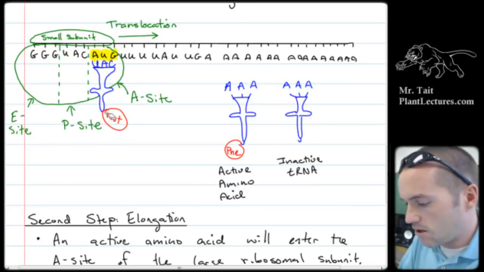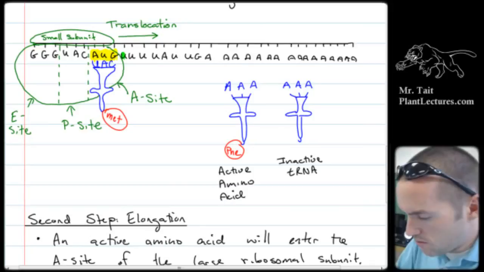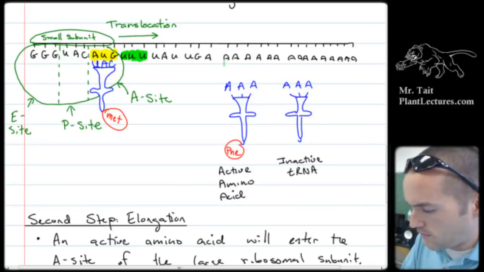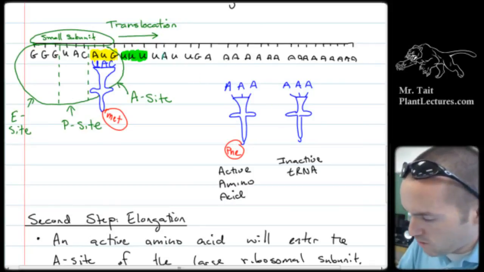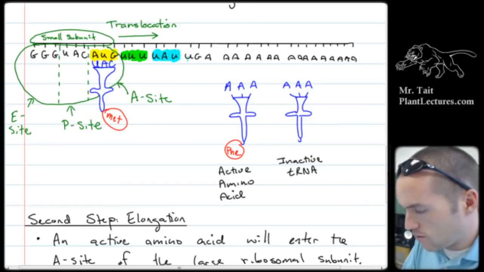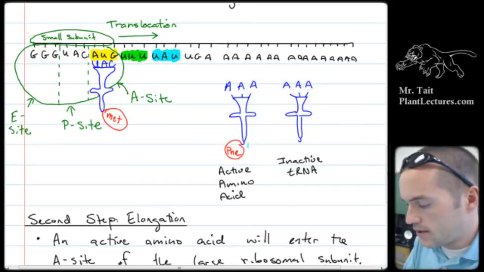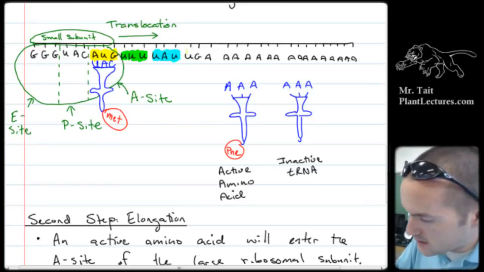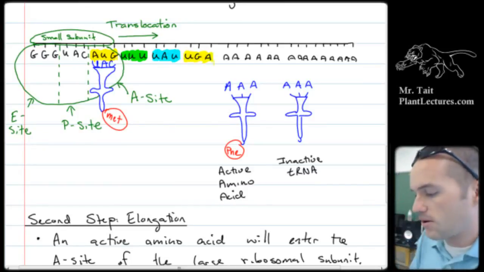And that's the start codon. Then we've got UUU, right? That corresponds to the phenylalanine. We've got UAU. That corresponds to tyrosine. And then we've got UGA, that's a stop codon, right?